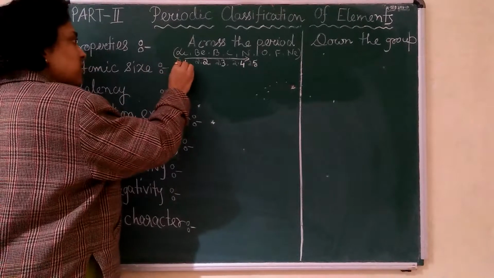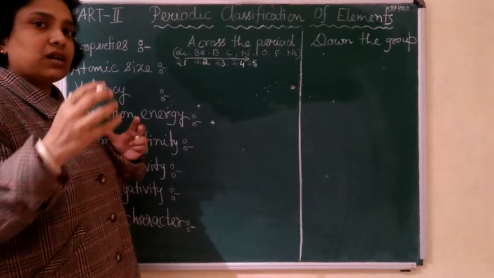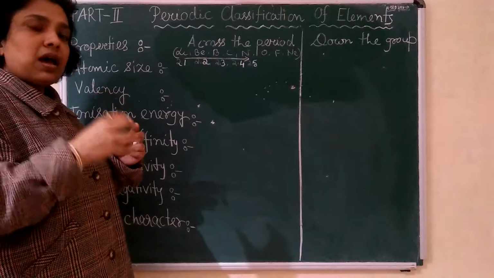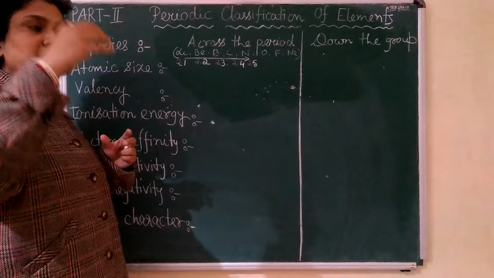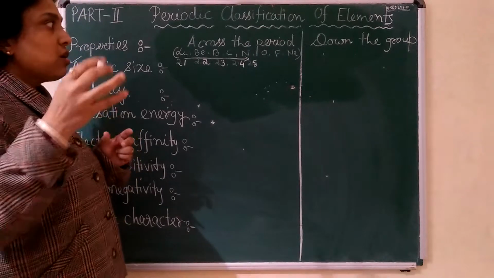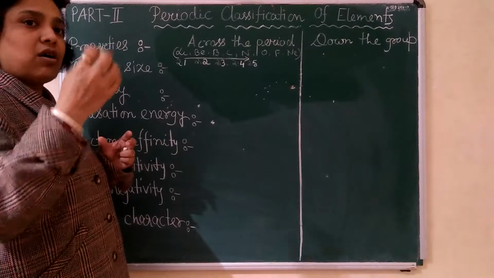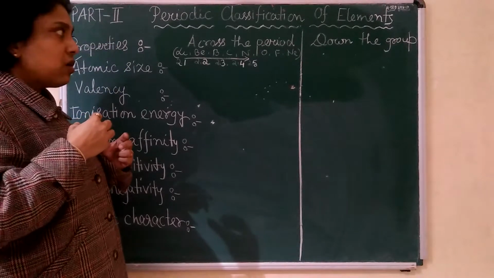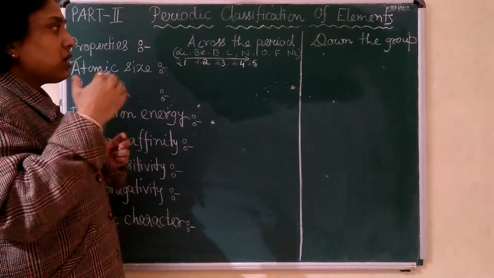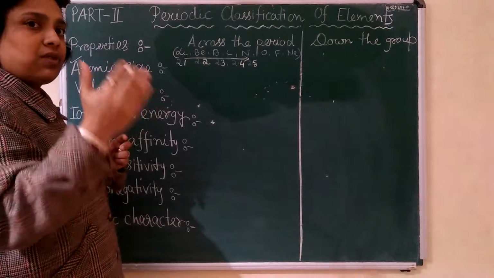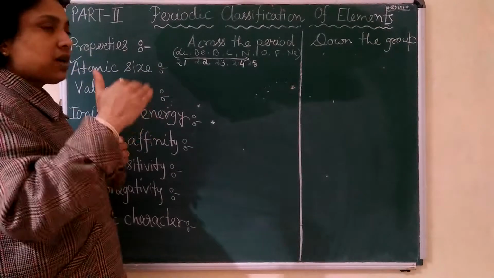In the same shell, if electrons are added, what will happen with the nucleus? The nucleus is positively charged and electrons are negatively charged. So what will happen? Negatively charged and positively charged, there will be a kind of force of attraction. It is called nuclear force of attraction. Now due to the increase in the number of electrons, there is an increase in effective nuclear charge.